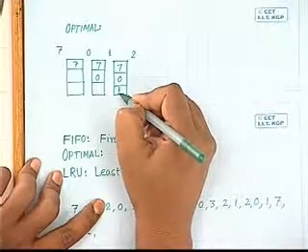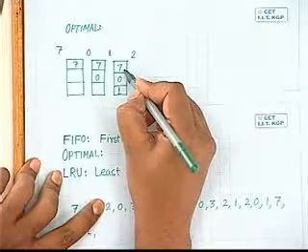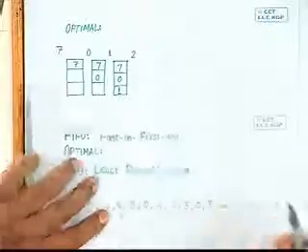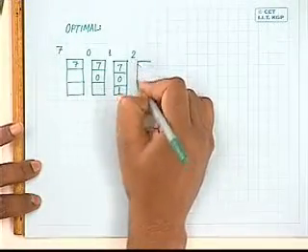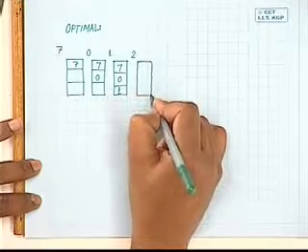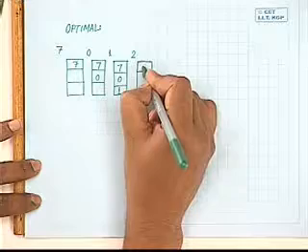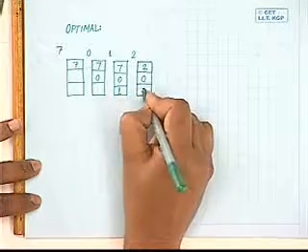After that, page number 1. It is page number 7 which will not be referred for maximum duration. Okay, so I will replace page number 7 by page number 2, and the situation will be like this: 2, 0, and 1.